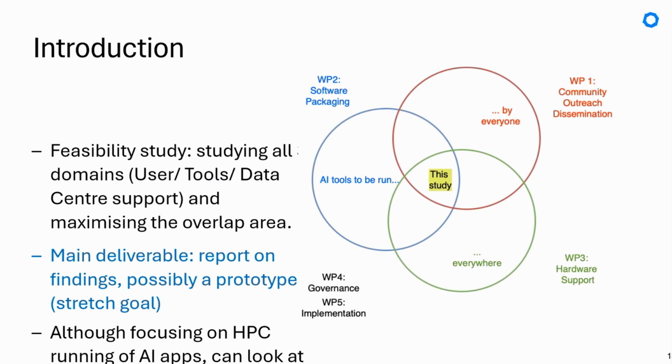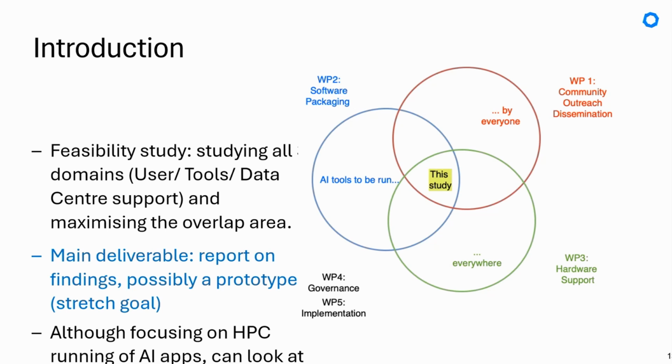So this is a feasibility study, and we'll be trying to look at these three different domains. Our mission statement, very simply, is to look for AI tools to be run by everyone and everywhere. That defines three domains, which are all covered by work packages that I will develop in the next slide.